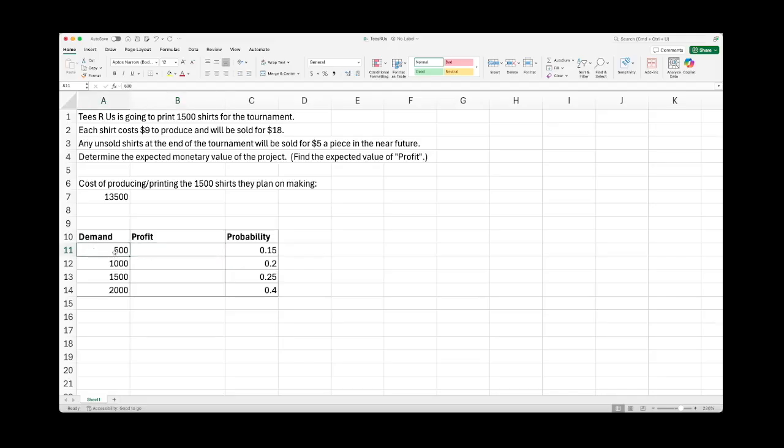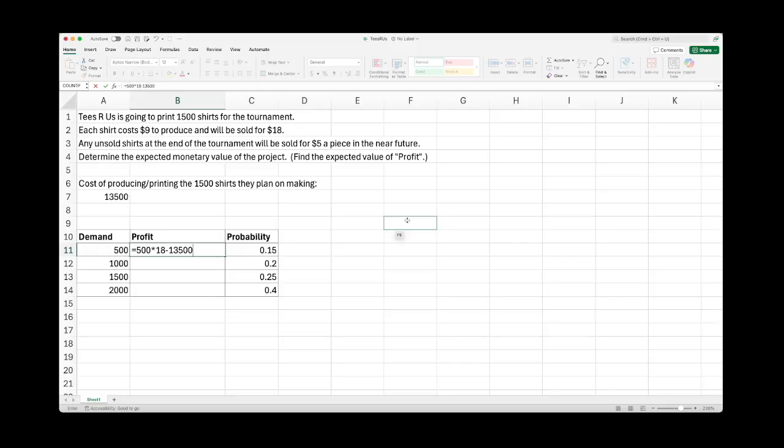So if the demand is 500 shirts, well, let's first think about the money that we'll make. So 500 people will be buying shirts, and they're selling each of those shirts for $18. So that's the money that we will be bringing in. So that's our revenue. But we had this fixed cost of $13,500 that it took to print the shirts or make the shirts.